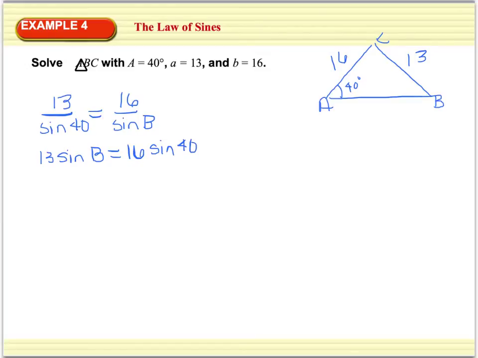And when we solve for the sine of B, so we'll say sine B is equal to 16 times the sine of 40 degrees divided by 13.